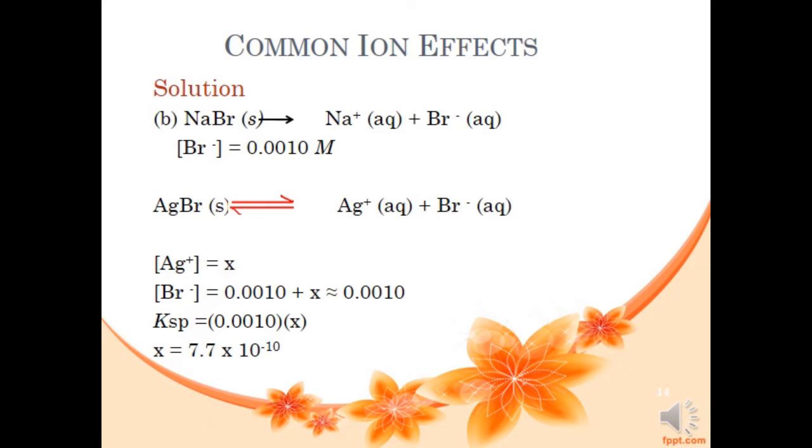Initially, no silver ion, but there is bromide present due to this sodium bromide solution, so it's 0.001.